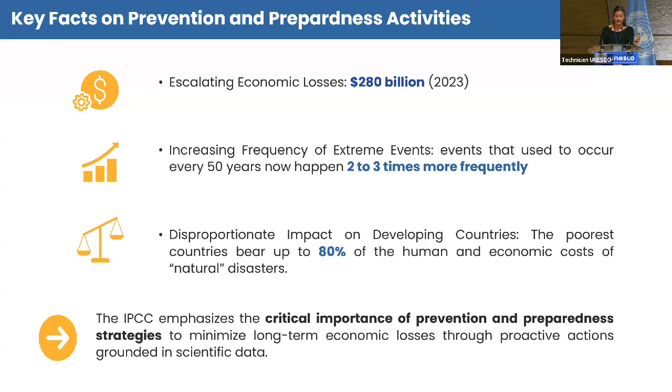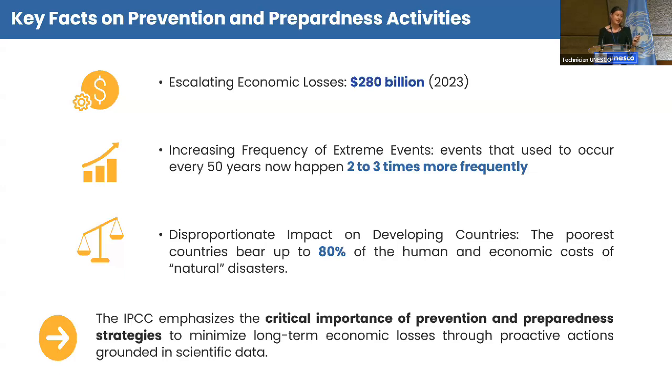Climate-related events such as flood, storm, or wildfire are becoming more and more frequent and severe. According to the IPCC report number 6, extreme climate events that once occurred every 50 years now happen 2 to 3 times more often. While no country is immune, developing nations suffer the most from natural hazards, taking on up to 80% of the human and economic losses.